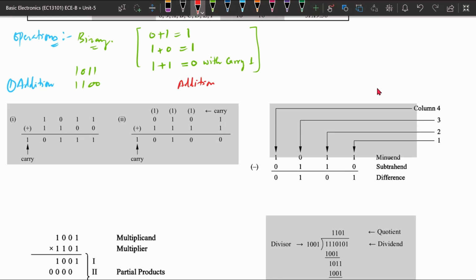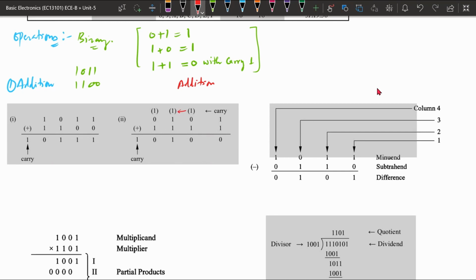Okay. So 0 and 1 will be added plus a carry, so 0, 1 and 1 will be added. 0 plus 1 is 1, and 1 plus 1 is again a 1 plus 1 type, so it will be 0 with carry. So there will be a carry forward here also.